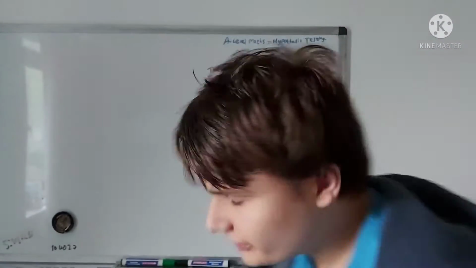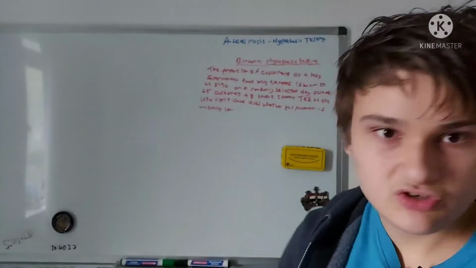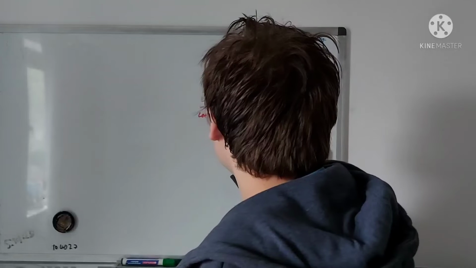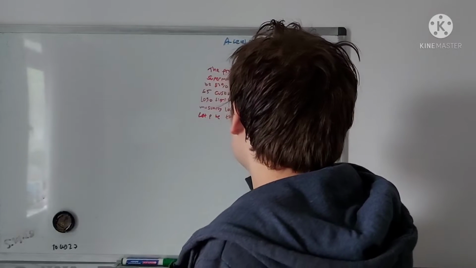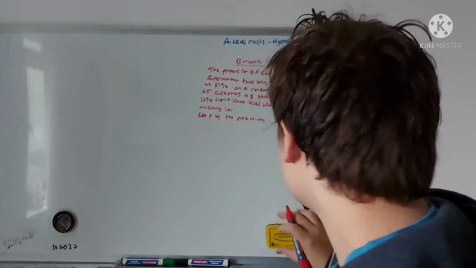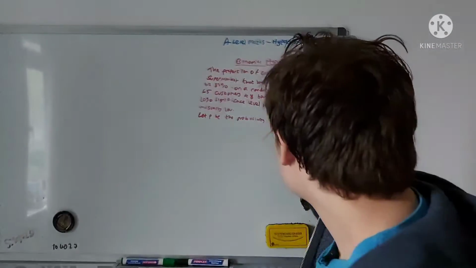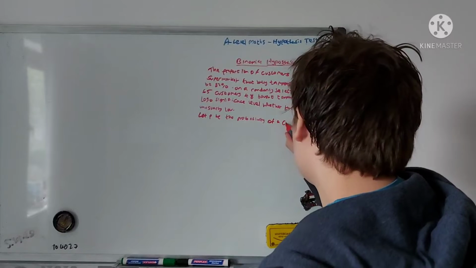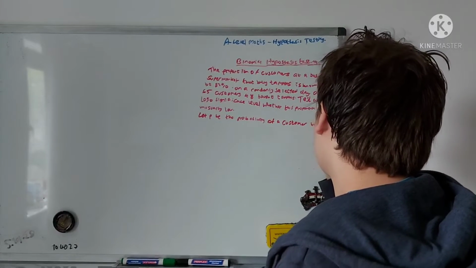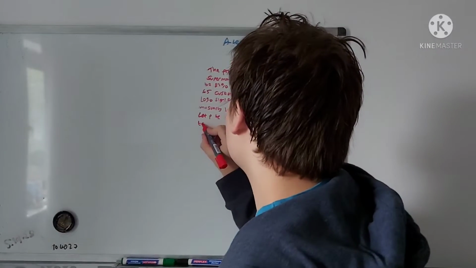Okay, so binomial hypothesis test, we need to state p first of all, don't we? So we need to let p be the probability, in context, of a customer buying tampons.